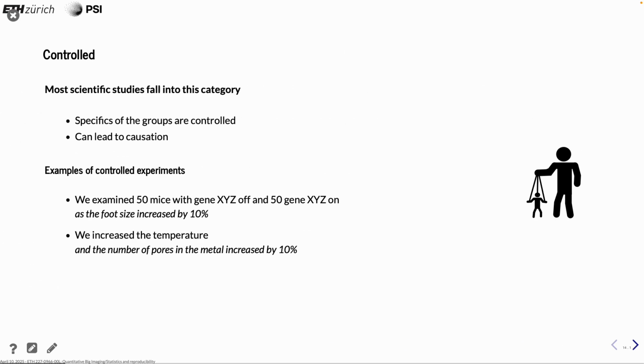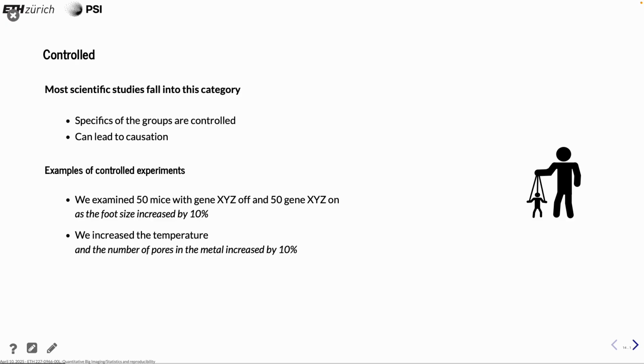And the controlled experiment is actually what we mostly do. We specify different sample batches, and we control what they do or how they were created, and with that we can make observations.